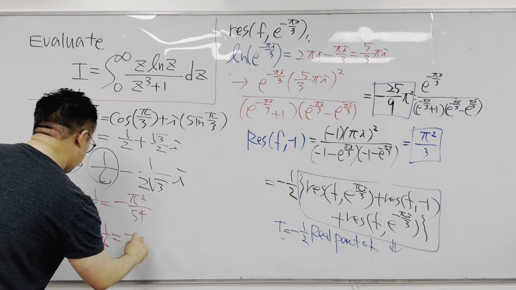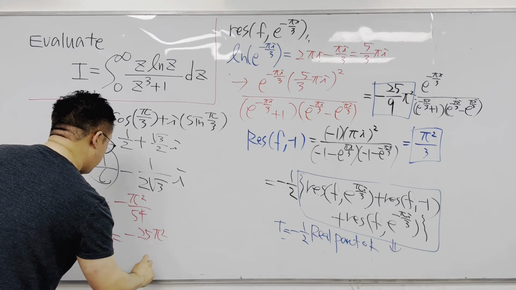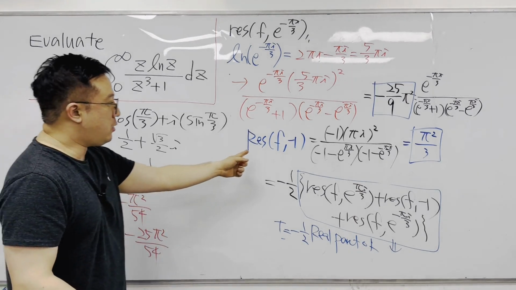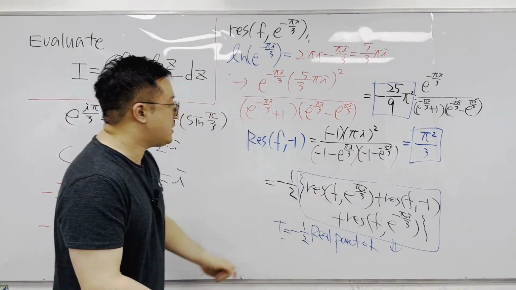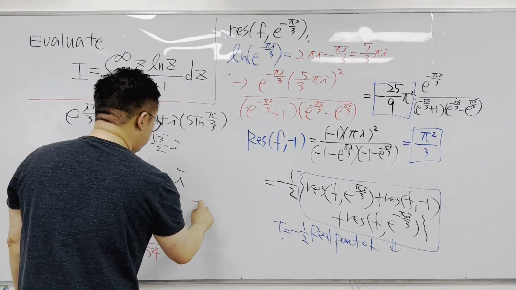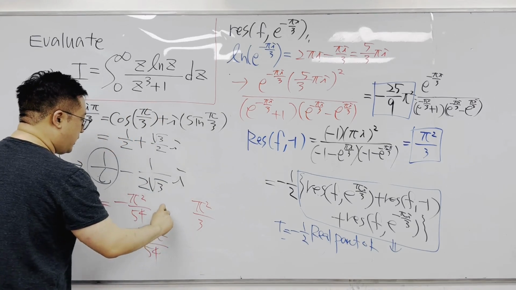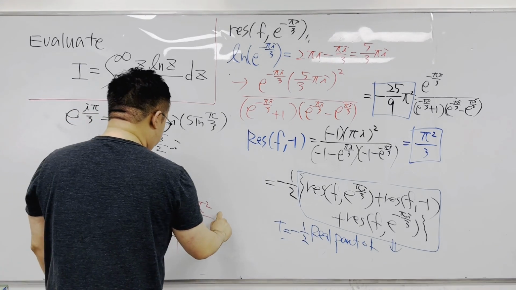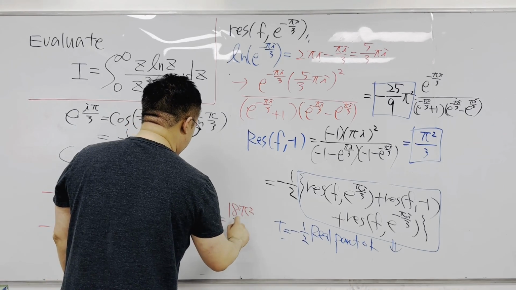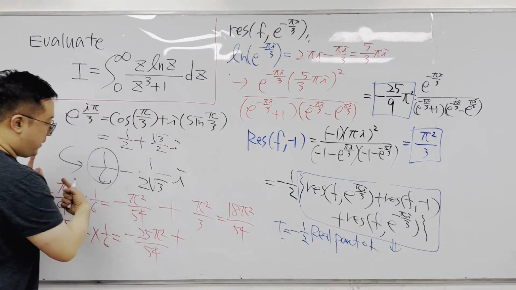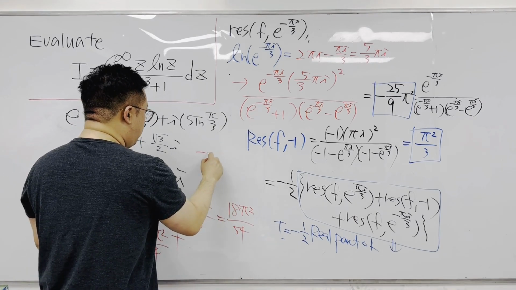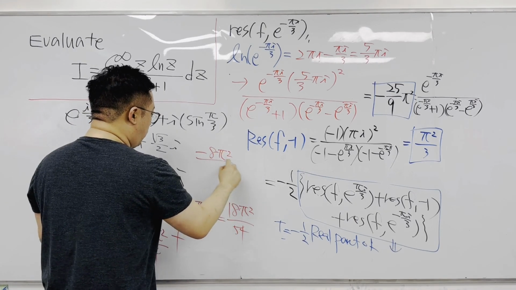Then it has to be negative 25 pi squared over 54. And then the residue of f at negative 1, you only have pi squared over 3. All we need to do is add them up. So pi squared over 3 is the same thing as 18 pi squared over 54. So if you add them up, negative 26 plus 18, that is negative 8 pi squared over 54.